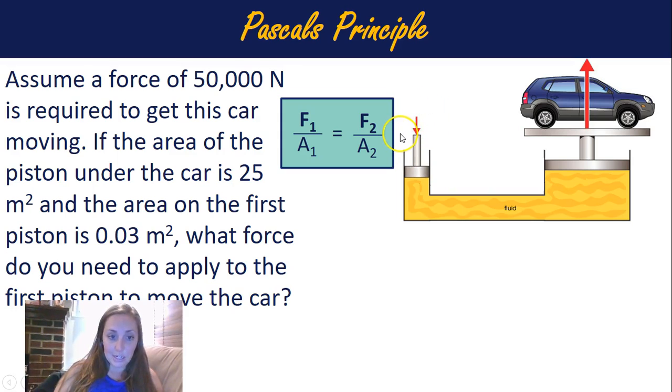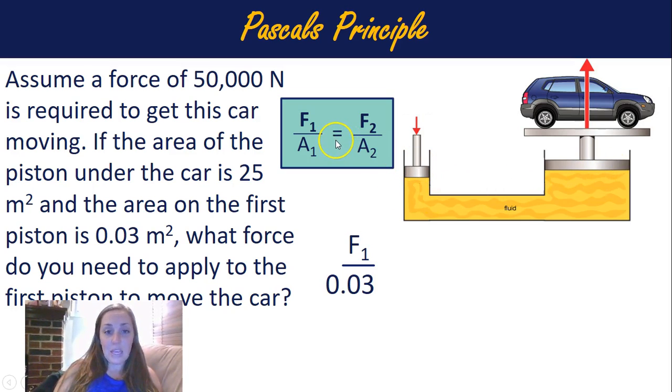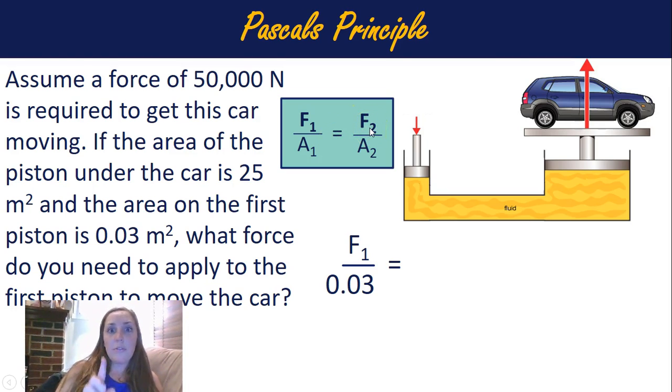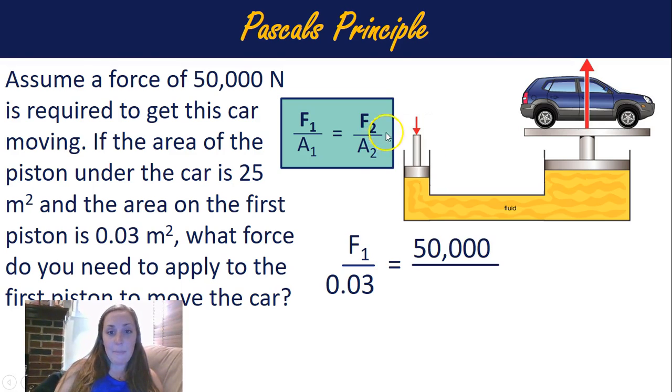So what force here to move the car? So we don't know force 1, but we're going to divide it by area 1. So area 1 is not the area under the car, the other one. So that's 0.03. And you set that equal to force 2, that's the output force. So whatever force is coming up, so 50,000 newtons, and you divide that by area 2. So the area under the car is 25.